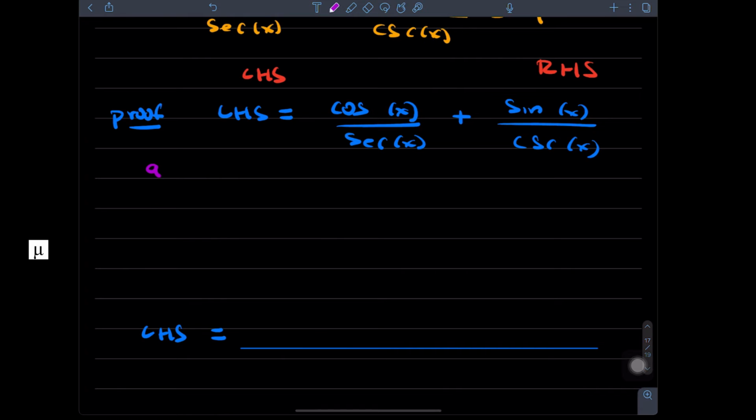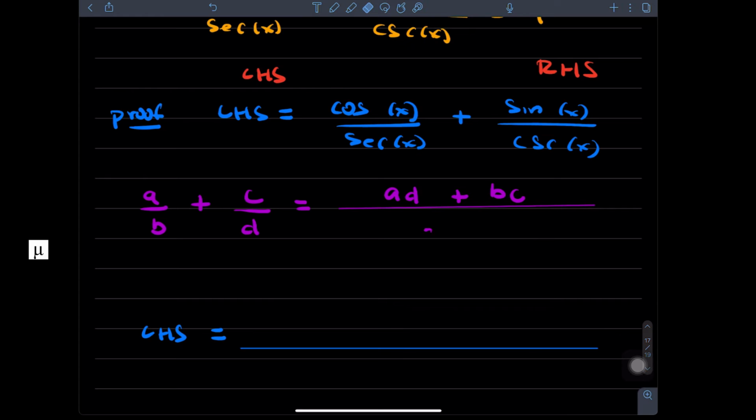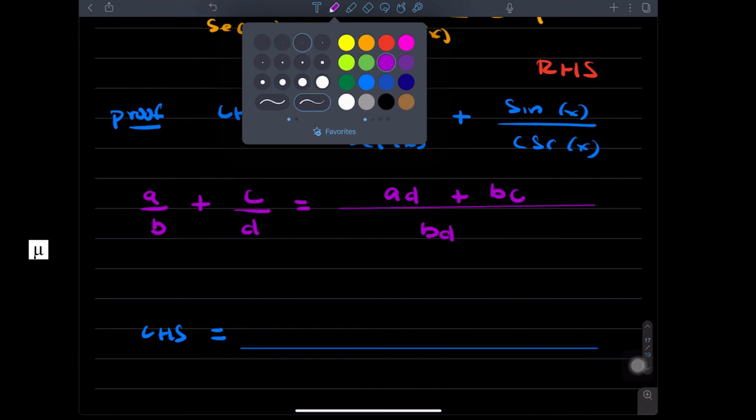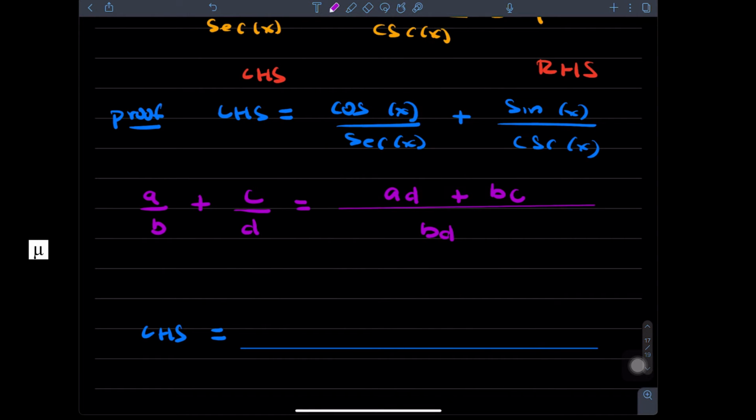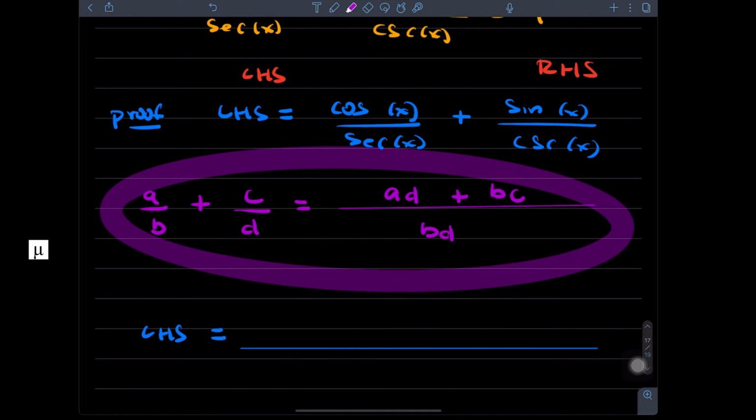You have A over B plus C over D. So now you have AD plus BC over BD. Do you guys remember I showed you this? This is actually how you can add fractions with unlike denominators.